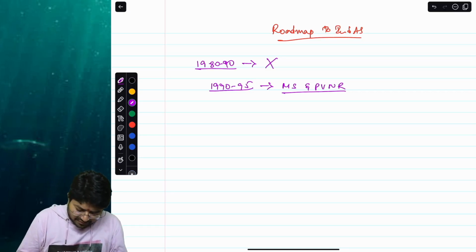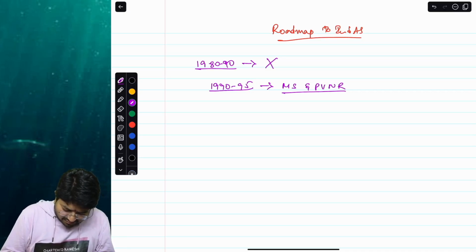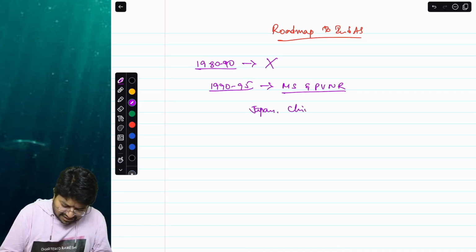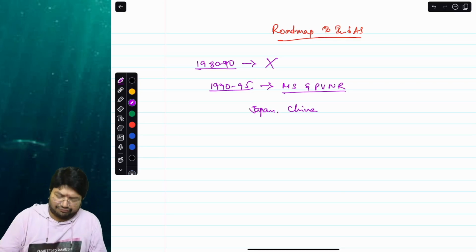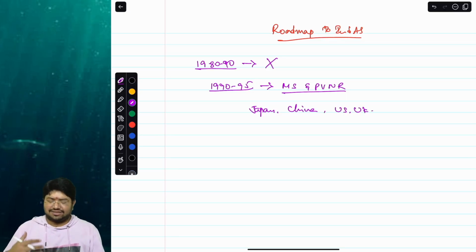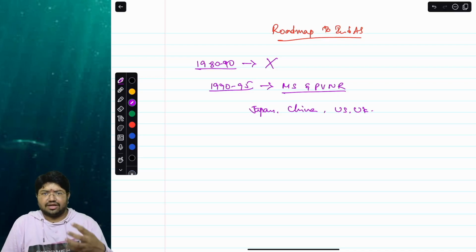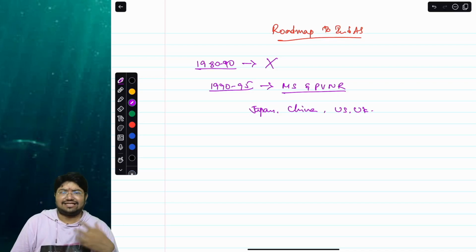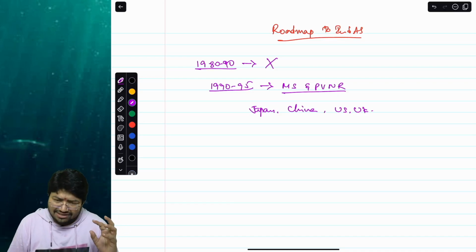That is when entities coming from Japan, China, of course they just came and left, and then US, UK, all these countries started having their subsidiaries or various entities in India. They started their investments in India.